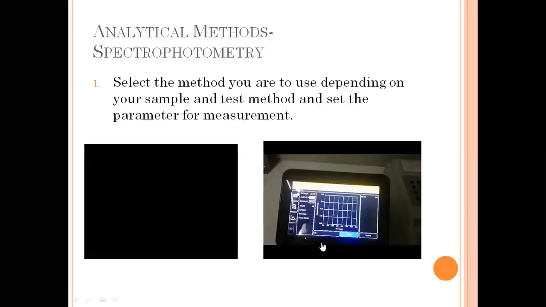Pag green na siya, that indicates that the temperature of the cuvette port or the cuvette holder, okay, is already at 37. Okay? So, though not limited to those parameters, meron pang iba such as yung ating path length. Okay?